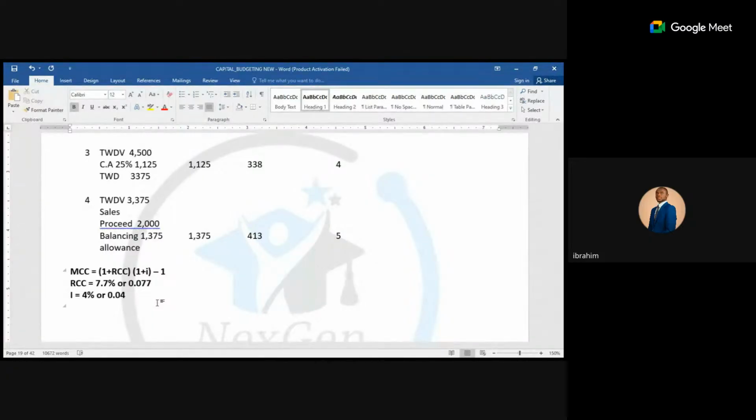Then what do we have again? Okay, we are good. So therefore, money cost of capital equals 1 plus RCC 0.077, times 1 plus 0.04, minus 1.